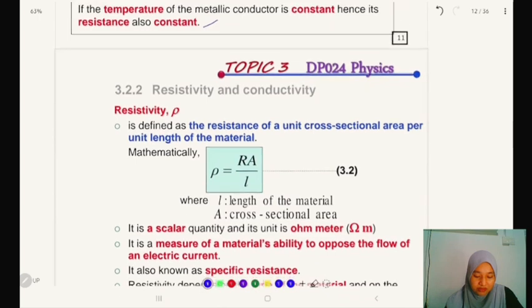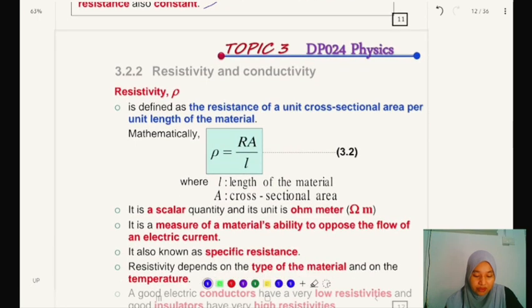So apa itu resistivity and conductivity? Resistivity simbolnya adalah rho ni, rho macam simbol density. Rho is defined as the resistance of a unit cross-sectional area per unit length of the material. So rho sama dengan RA over L. Kemudian definition dah ada.